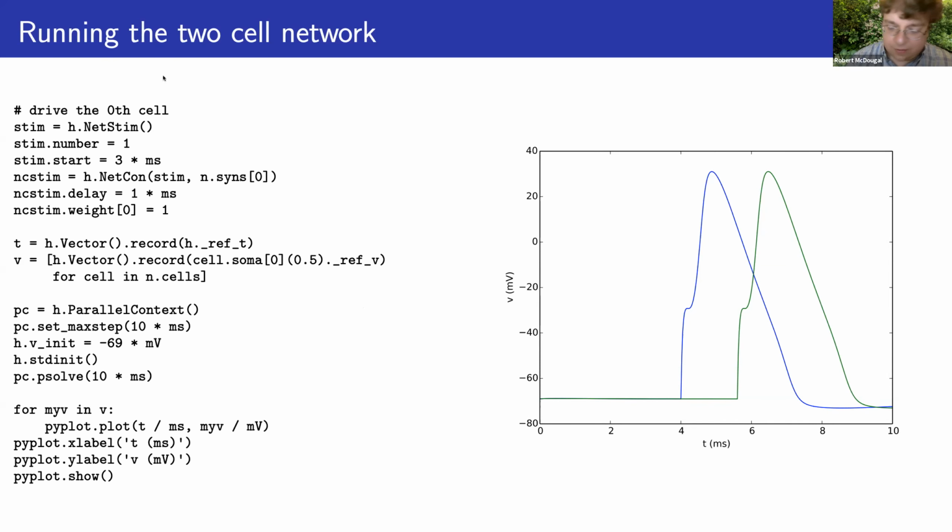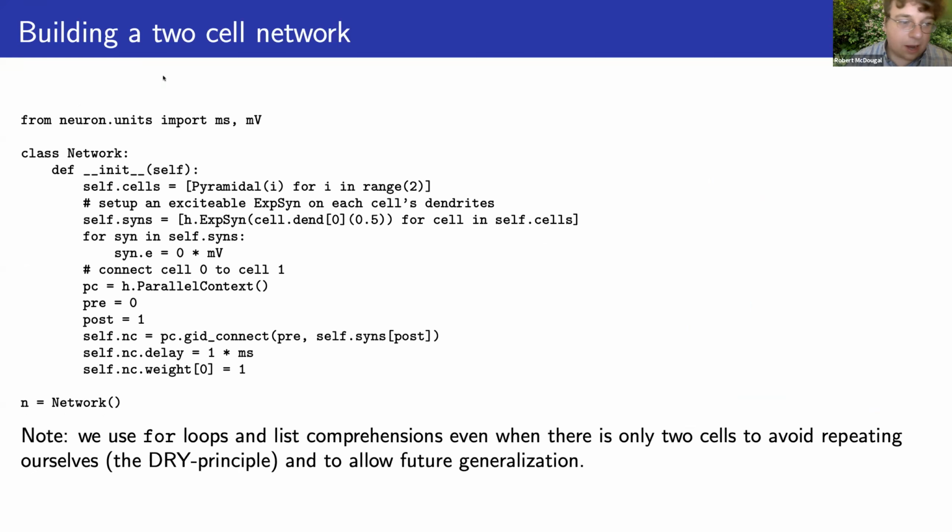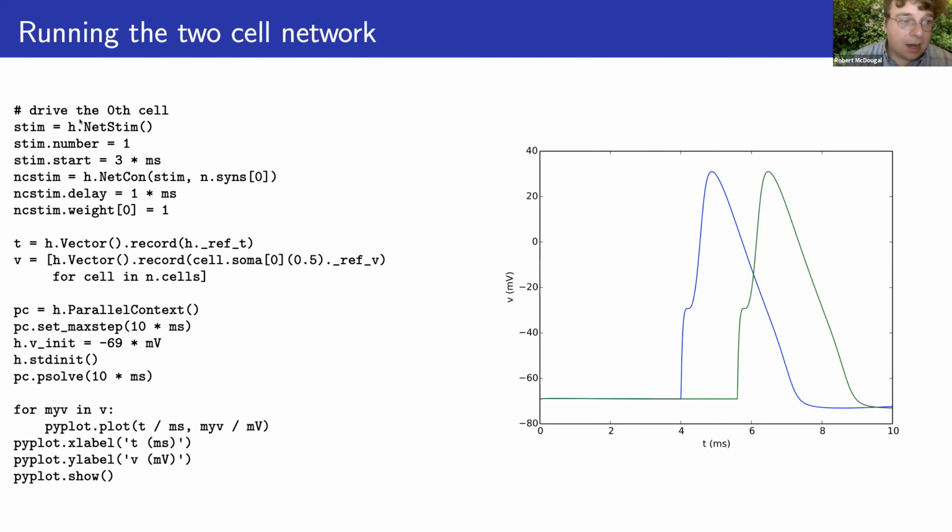But in any case, once I've constructed that network, N is my network object now. I'll go ahead and set up a stimulus to get the network going, say that it fires at 3 milliseconds. I'll set up my stimulus to go directly to the network synapse 0, the synapse on the 0 cell, and that has a certain delay, and again, an extremely strong weight here.